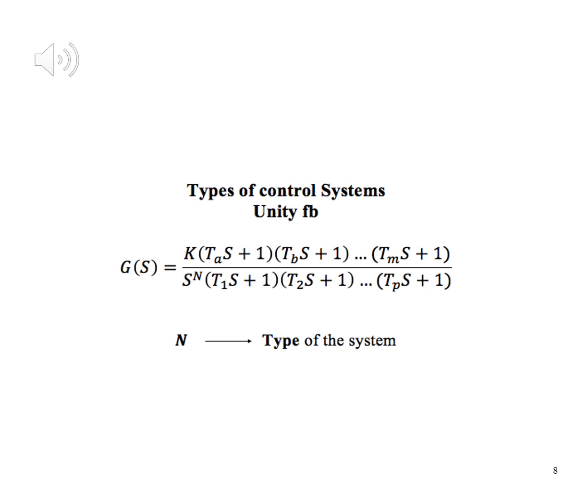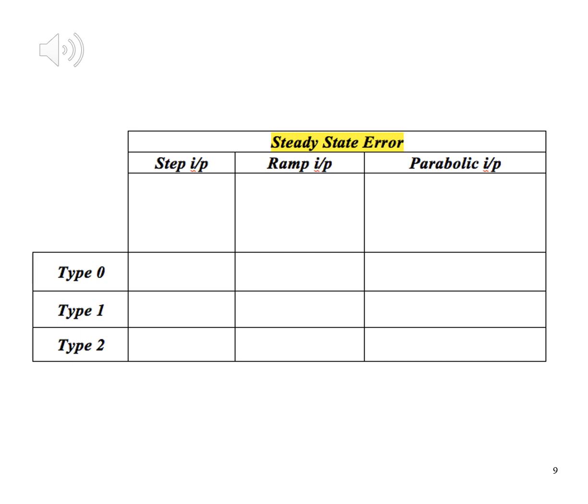Okay, what are we going to do now? Let's go to slide 9. In slide 9, we are going to study the response of the system at steady state for the different inputs with respect to the different types of the system. So what are we seeking? The steady state error.